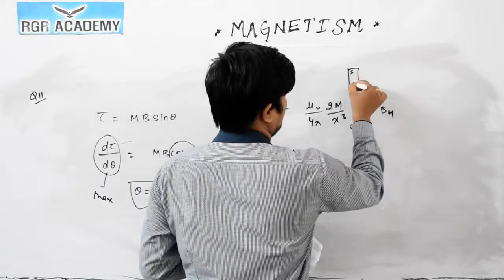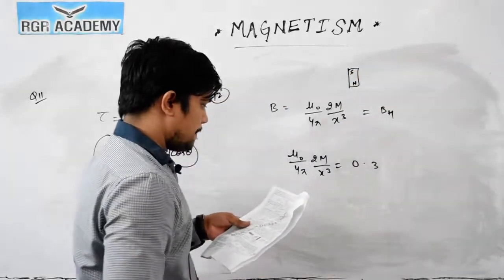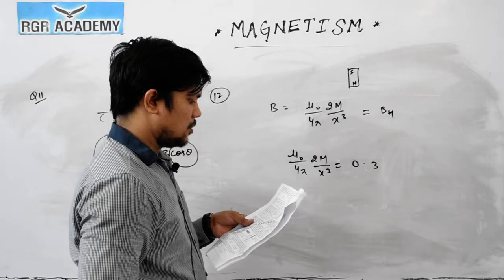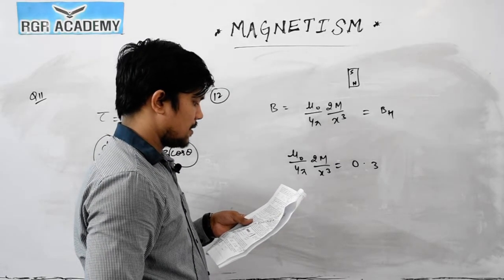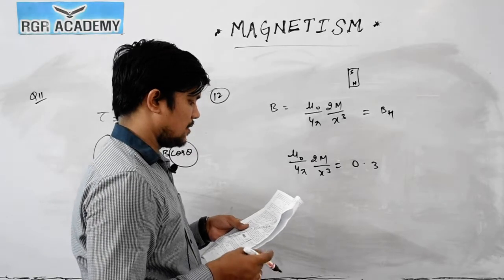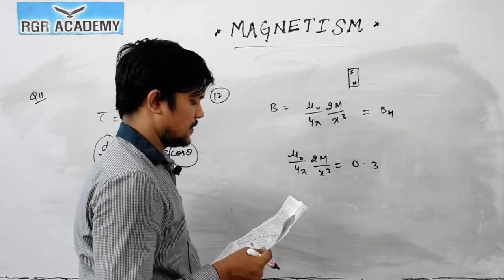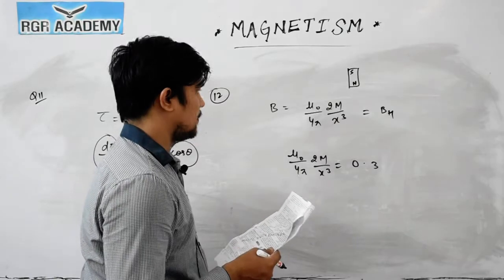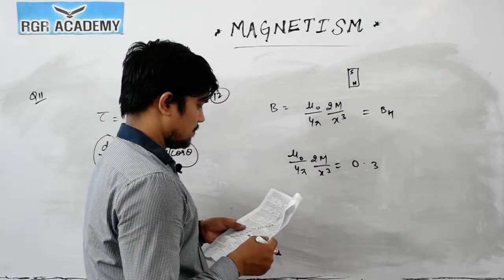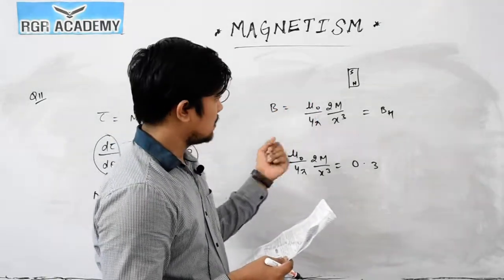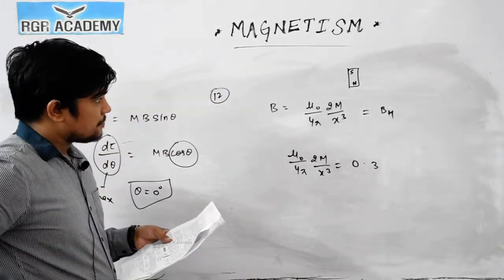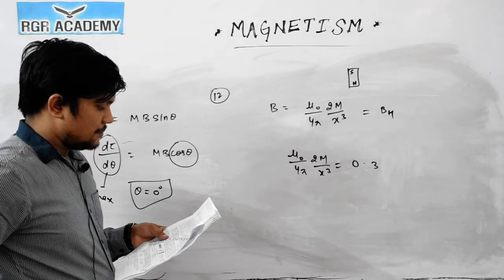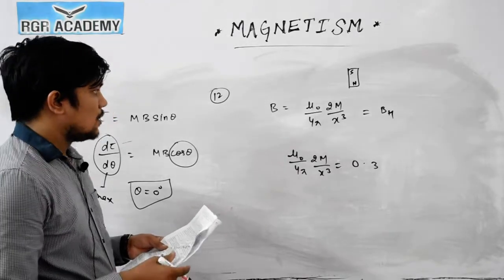This is the south pole, this is the north pole. The null point is obtained 20 centimeter away from the center of the magnet. If the horizontal component of the earth's magnetic field at this point is given, then they are asking the value of the magnetic moment.